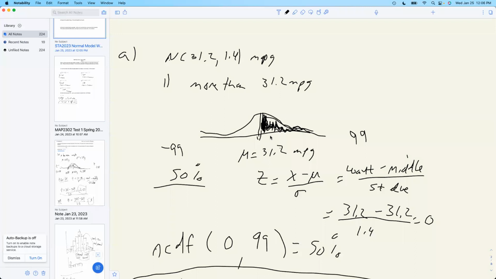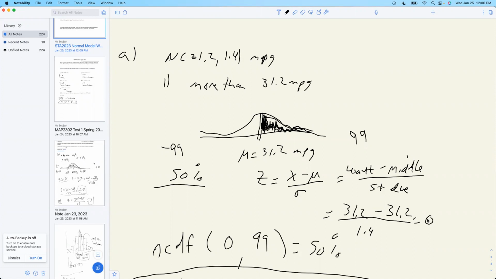Let's find our z-score. Z-score is the one you want minus the one in the middle of the picture, the mean, divided by your standard deviation. So the question asked me for 31.2 minus the mean, the population mean, divided by the standard deviation. So you type that in your calculator and you get a z-score of 0.